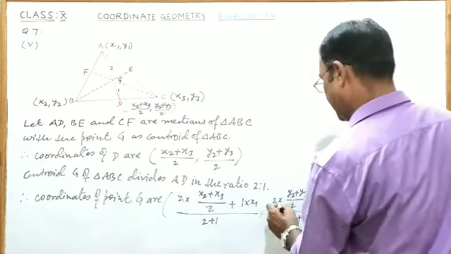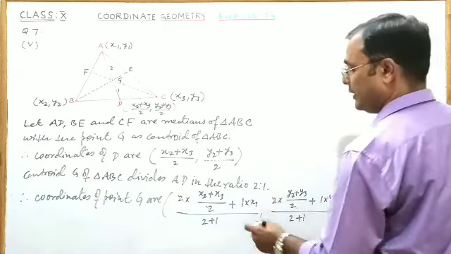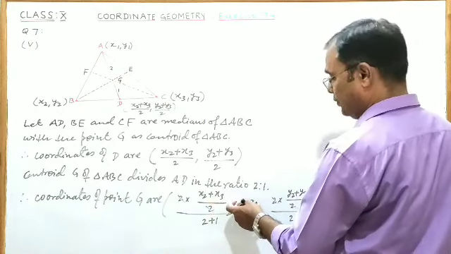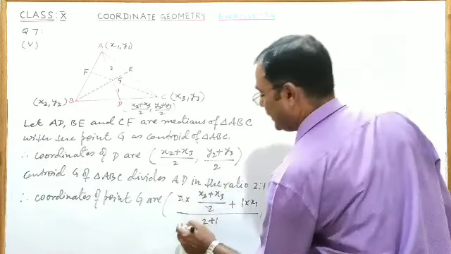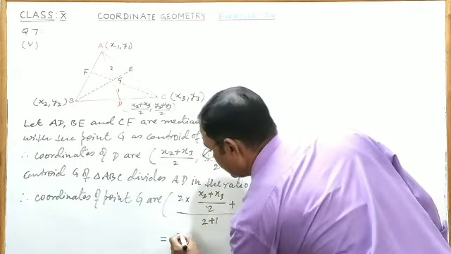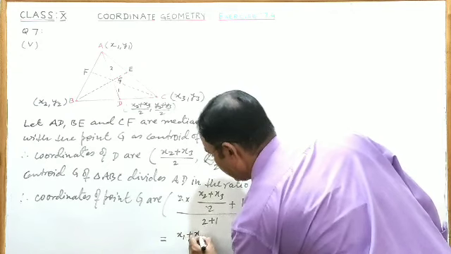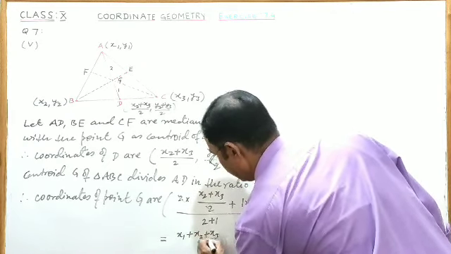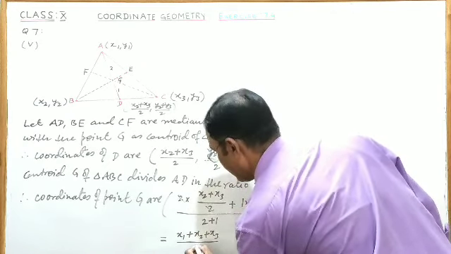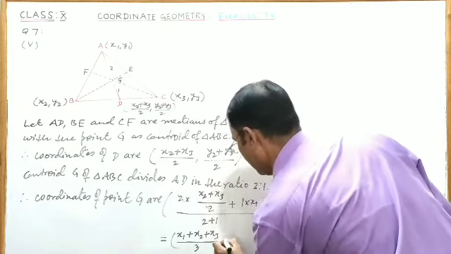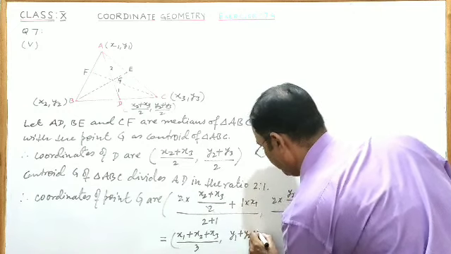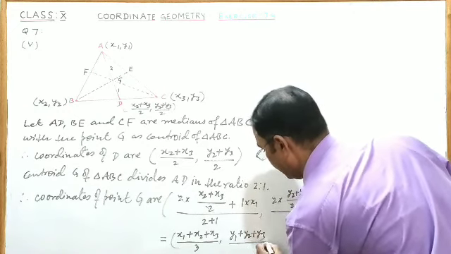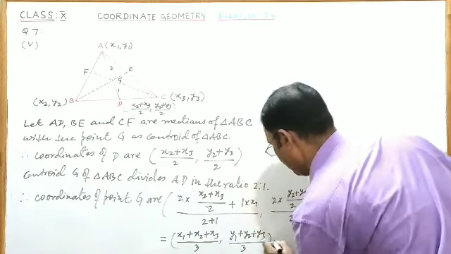This 2 cancels, here also 2 cancels. x2 plus x3 plus 1 into x1, that is x1, by 3. So this is (x1 plus x2 plus x3) by 3 comma (y1 plus y2 plus y3) by 3.